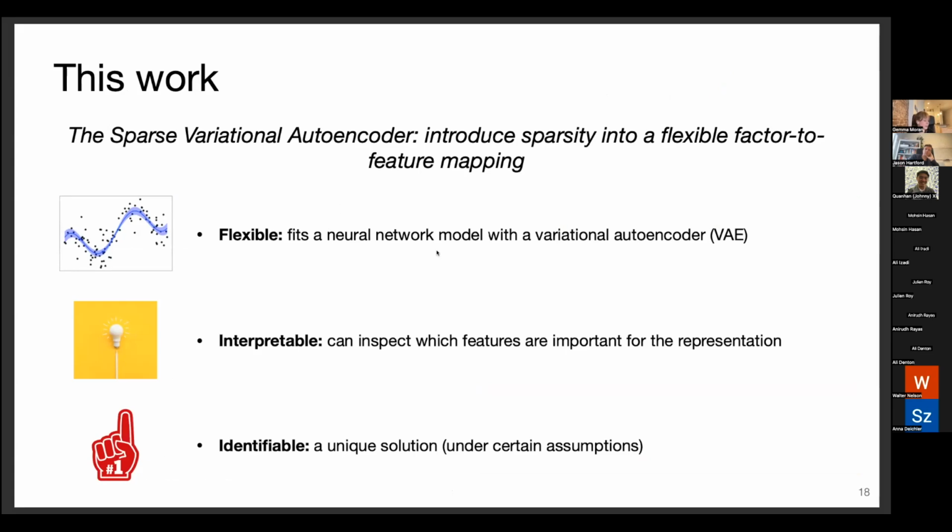We're going to fit this model with a variational autoencoder to get flexibility in learning nonlinear representations. Another benefit is some measure of interpretability, in that we can inspect these edges from the latent space to the observed data, and that gives us a sense of what these latent variables are actually encoding. And finally, we also get identifiability under, of course, certain assumptions.